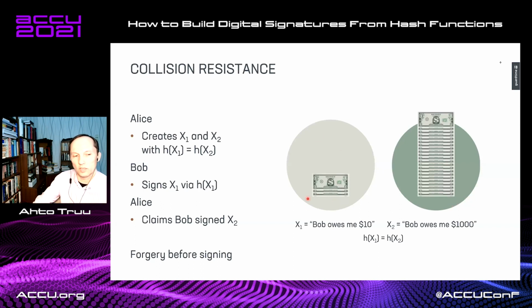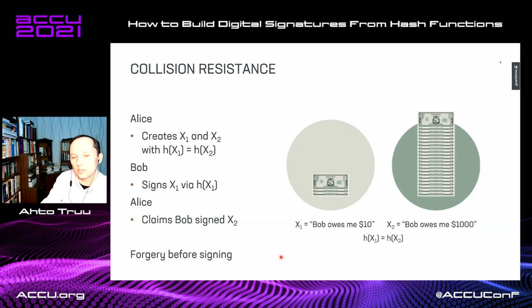Bob signs it, returns the signed document, Alice gives Bob the money, and then when the loan comes to term and Bob has to pay it back, if the two documents have the same hash values, then Alice is able to produce the second document, claim that Bob signed this one, and demand that Bob pay back more money. The difference here is that the forgery was premeditated. The forged document, the second document, was prepared before the signing happened. And for this kind of attack to work, it is sufficient that the collision resistance of the hash function is broken.